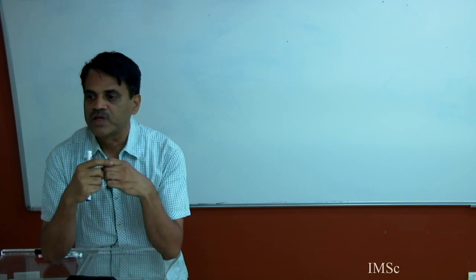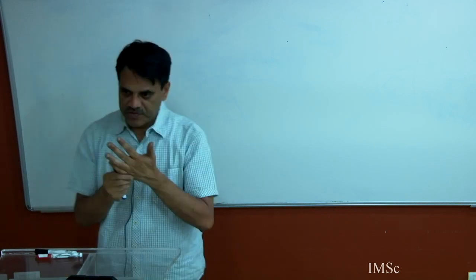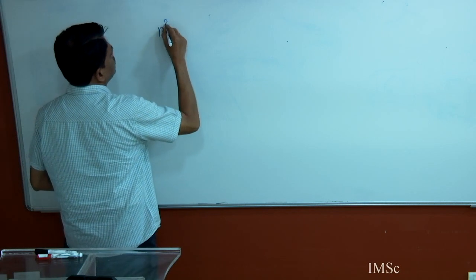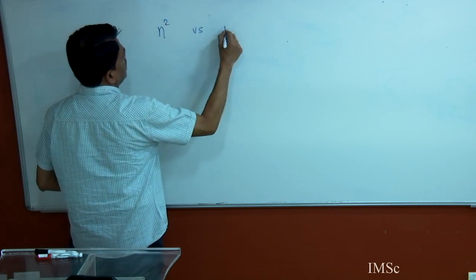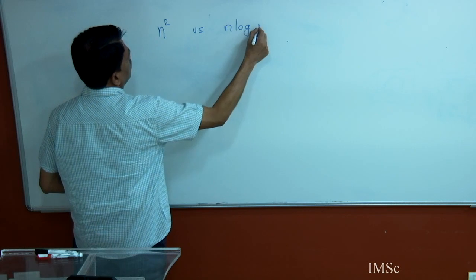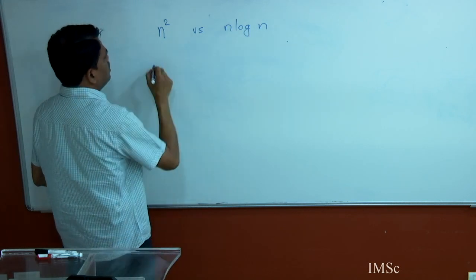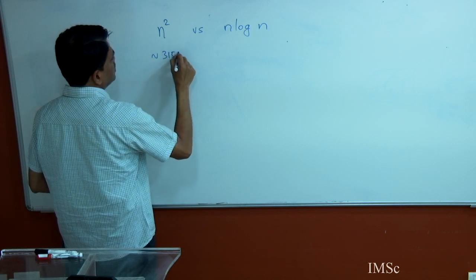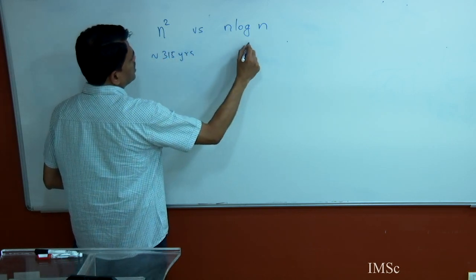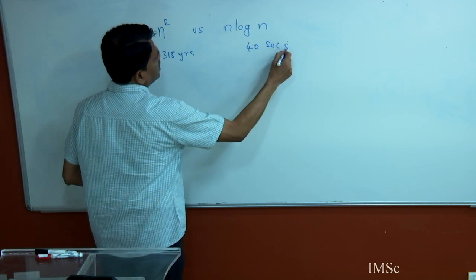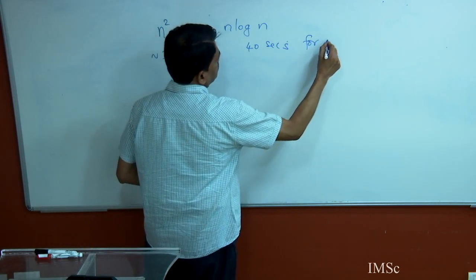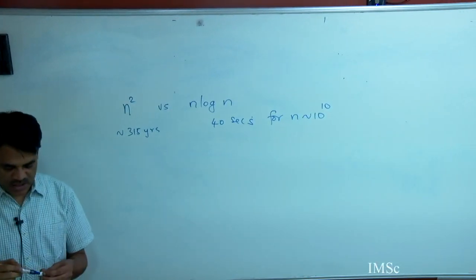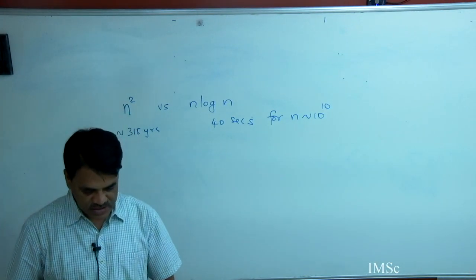Okay, so in terms of efficiency, we saw last time that there could be a big difference between even n square versus n log n for large values of n. For example, n square algorithm would take something like 315 years, whereas this will take some 40 seconds, right? For n in the order of 10 power 10 on a machine which can execute 10 power 10 instructions per second.